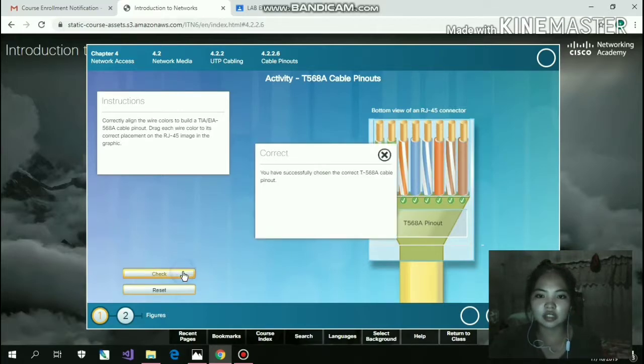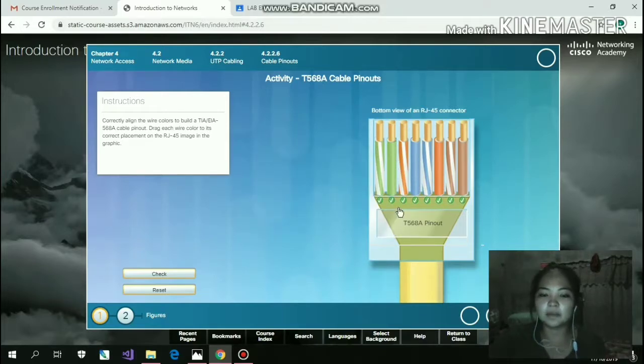So let's check. So that is for the T568A pinouts.